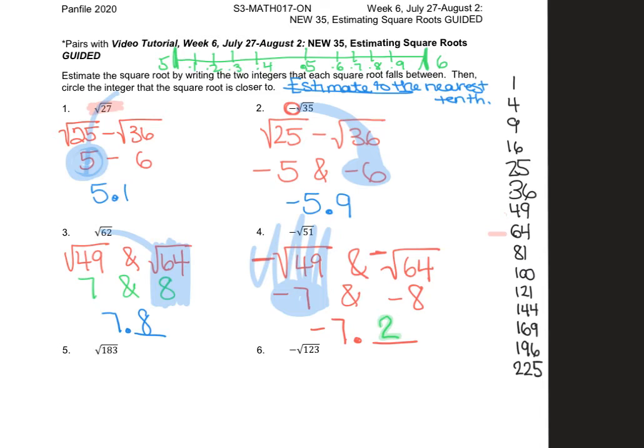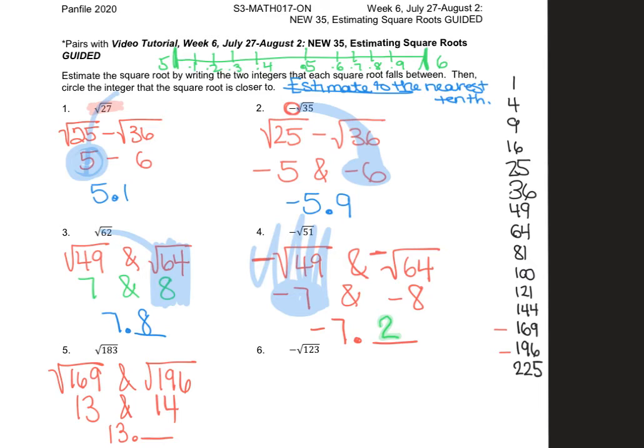All right, let's look at this next one, 183. 183 is between 169 and 196. So that means it's between 13 and 14. So that means it's 13 point something. 183, oh boy, that's kind of right down the middle.